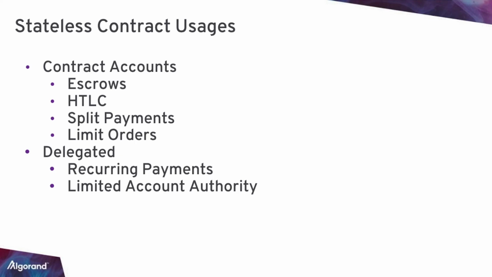So that's a high-level overview of what stateless contracts are used for. And do remember though, the logic is evaluated at the time when the transaction is submitted, as opposed to stateful contracts, where the logic actually lives on the blockchain and is evaluated during block assembly time.